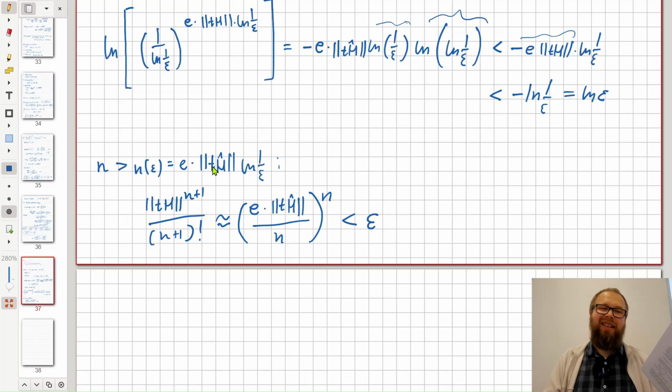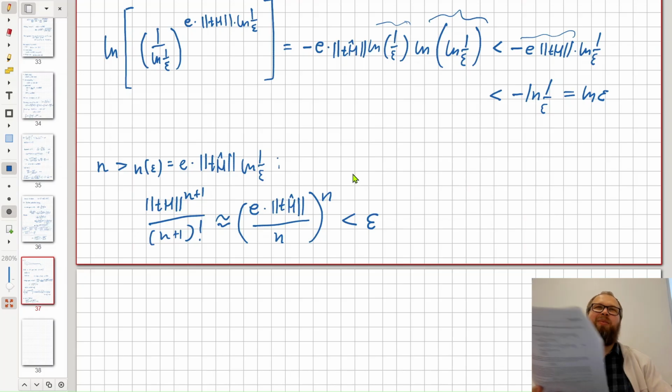If I take this n, I get smaller than epsilon, but I could get a smaller n. This is an overestimation of n, okay? The optimal would be smaller, even smaller, right? The real one would be smaller. If you know the optimum, then we can use it actually. The problem is we don't know the optimum. We are guessing it, because we cannot calculate.